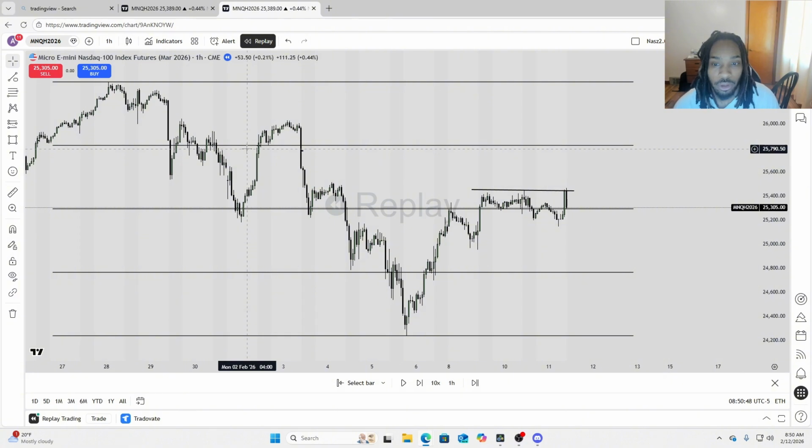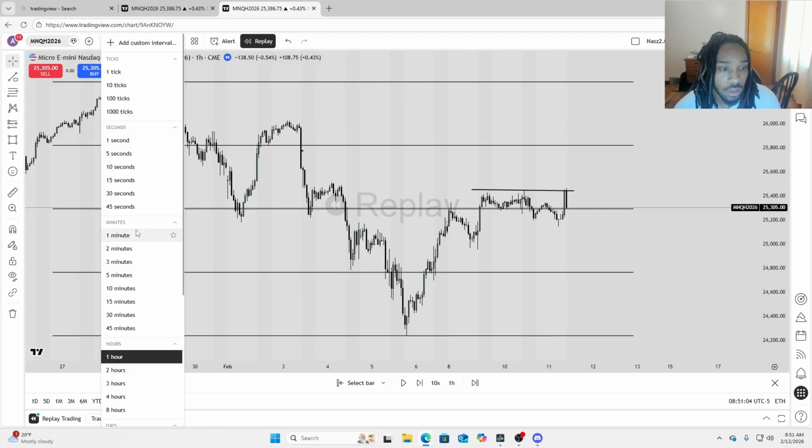For my motto, for me to go short, price has to trade into a premium and take out a buy side high on the hour chart. Since these are its own buy side highs, I didn't demand it to take out these highs, but I was expecting it to take out these highs, if that makes sense.